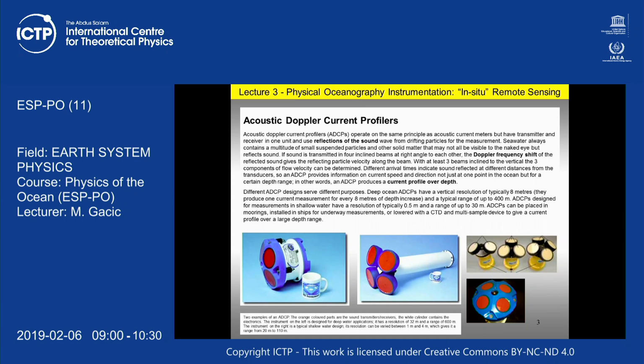We have done a series of long-term measurements, for example, in the inlets of the Venice Lagoon, because for the studies of the flooding of Venice, it was very important to study the exchange between the lagoon and the open sea. And there the depth is around 40 to 50 meters.